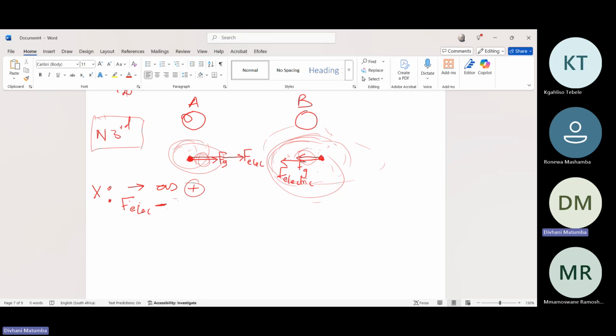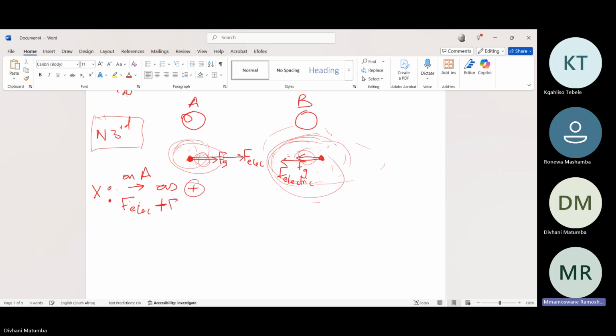Okay, let's consider A. There's no other force acting on A apart from Fg, and you said that the force of gravity is the same on both objects. Yes, so we only consider one object at a time. So is it going to be plus Fg then? Yes.